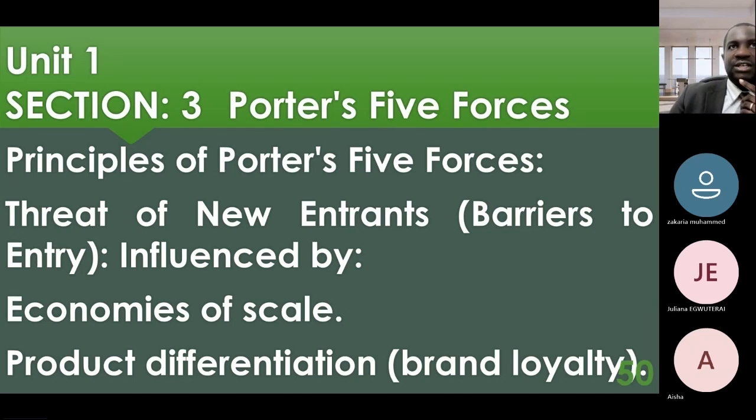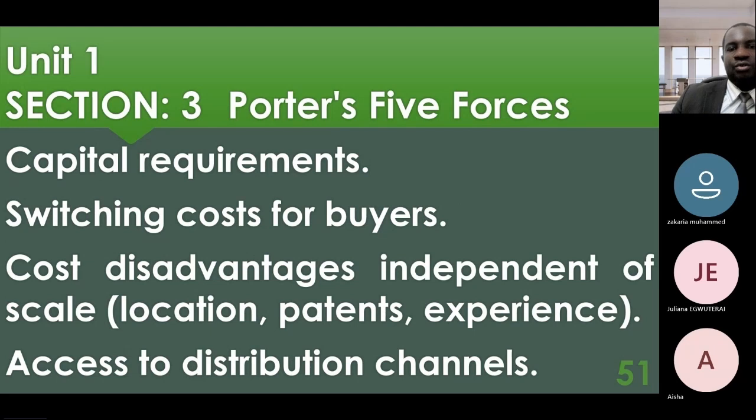Coming to compete with a hospitality company like Bristol or Tahir can be very challenging if you don't have some level of capital or funding. And also product differentiation. Some people are loyal to particular brands. They will never stay in some hotels except a particular one because of their experience. So product differentiation also determines the threat of new entrants.